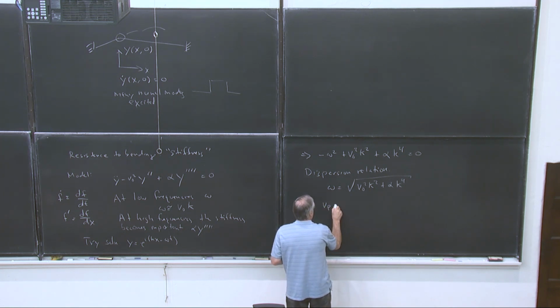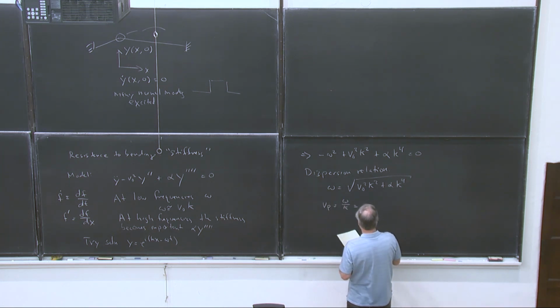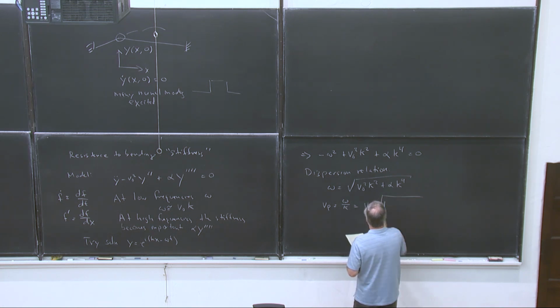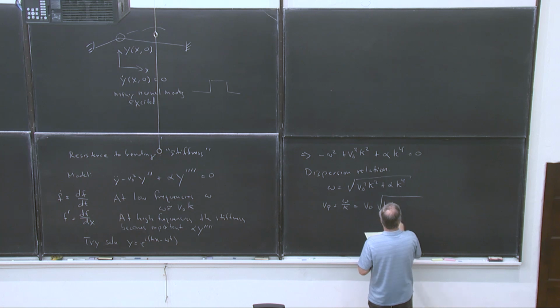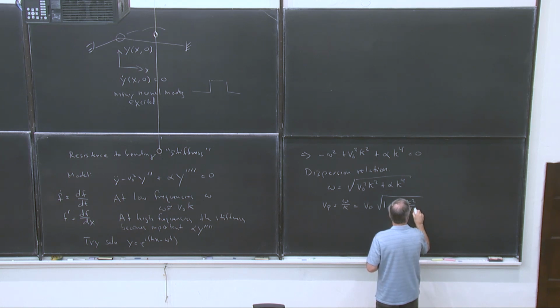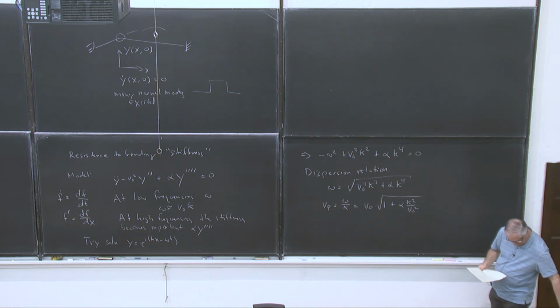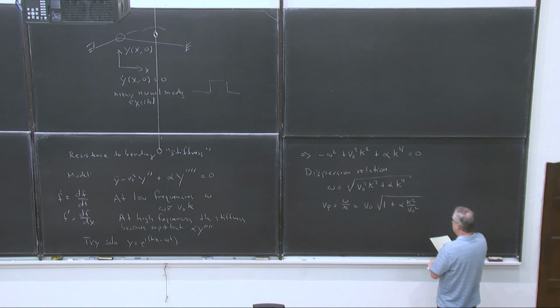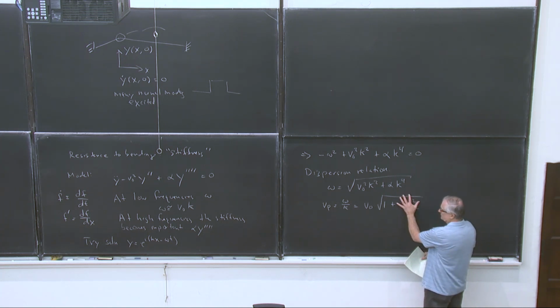So the phase velocity is just omega over k. So I can write that with a factor of v naught out front, and then a 1 here because I'm dividing through by k squared inside here, plus an alpha k squared over v naught squared. So in the limit of very small k, of course, this just goes to v naught.